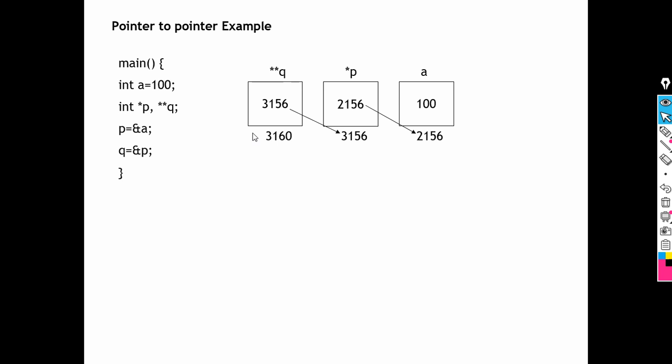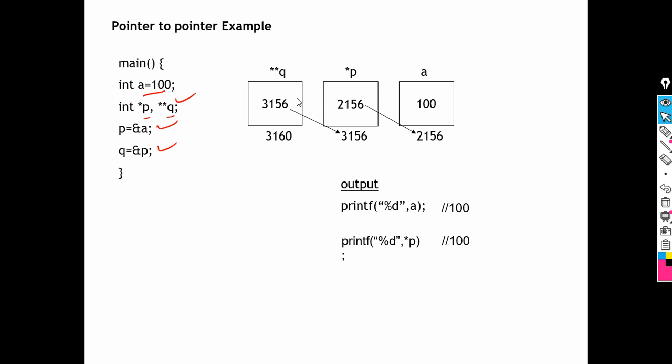Now, to demonstrate this, here is an example. a equal to 100, asterisk p, and double asterisk q. This is how you declare a double pointer. P is holding the address of a, and q is holding the address of p. When I print using double asterisk q, it prints the value of a. Printf a prints a.